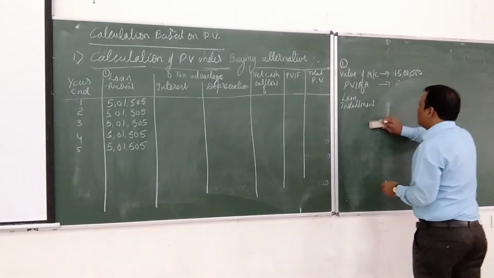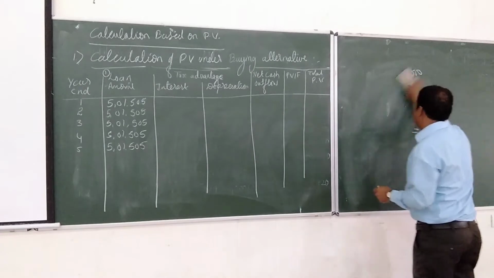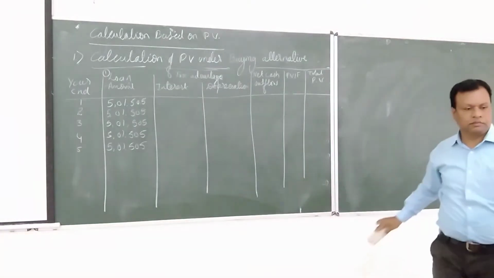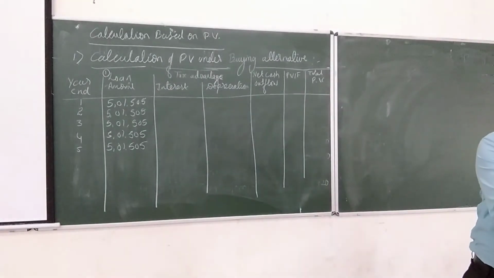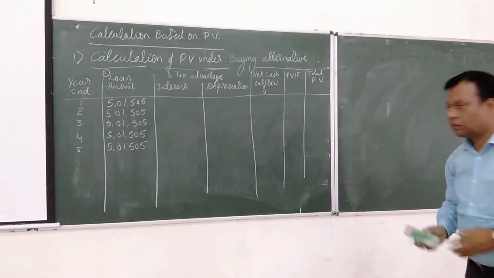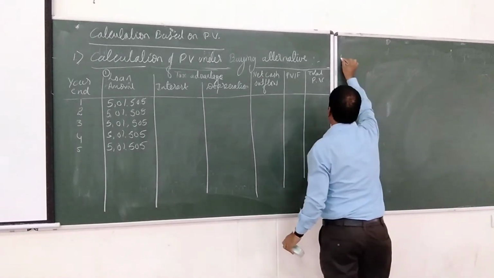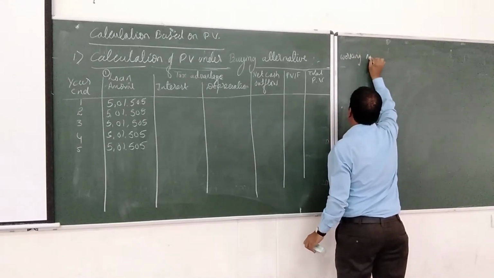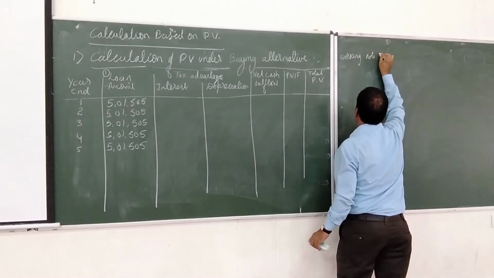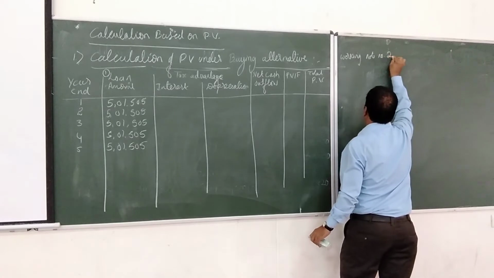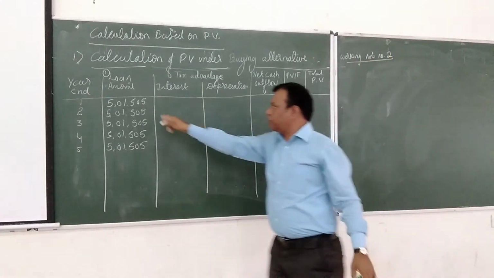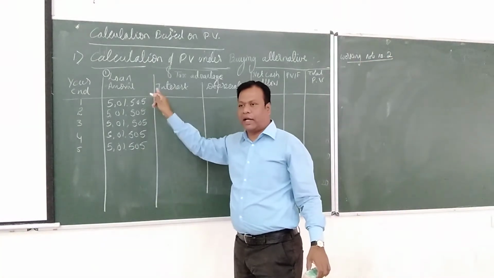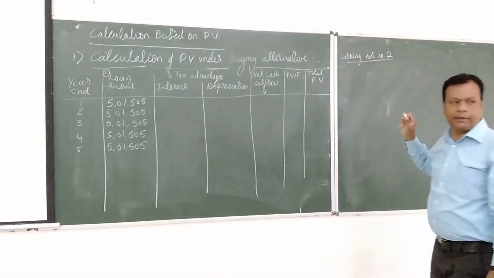Working note number 1 is the calculation of loan amount; I have taken that as 1. So now I take this as 2.